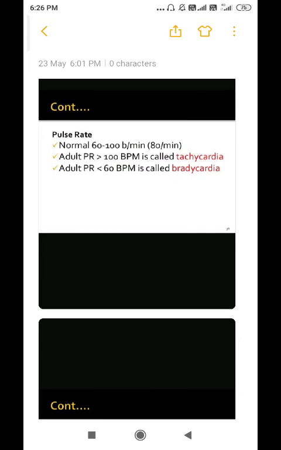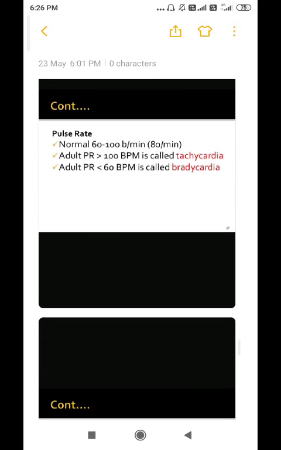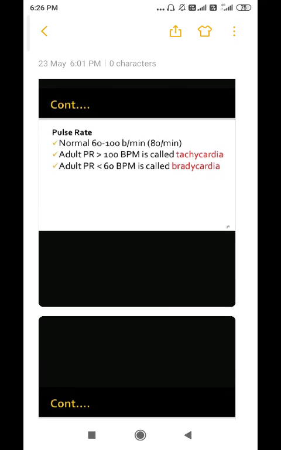How do we measure pulse? In beats per minute. Okay, and adult pulse rate greater than 100 beats per minute is called tachycardia, and adult pulse rate less than 60 beats per minute is called bradycardia.